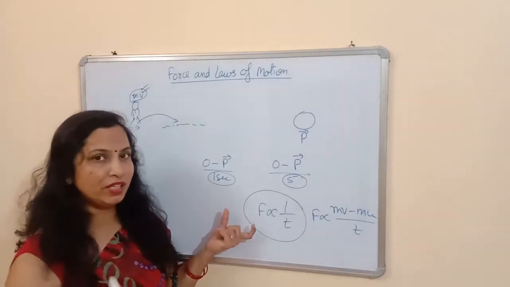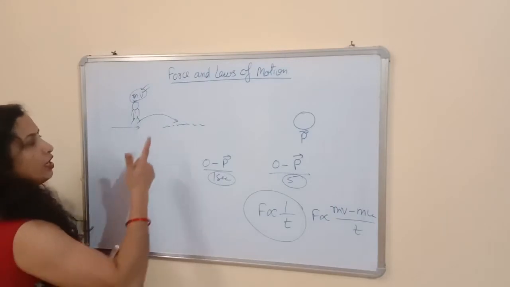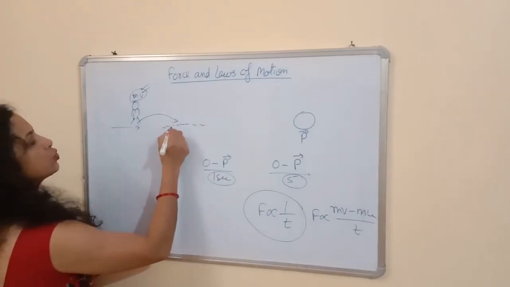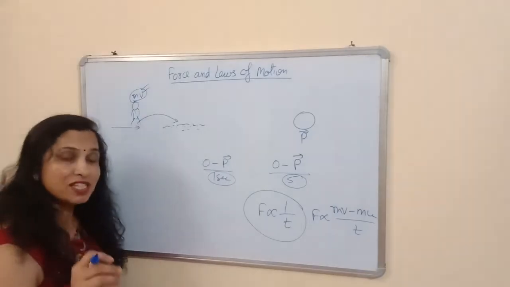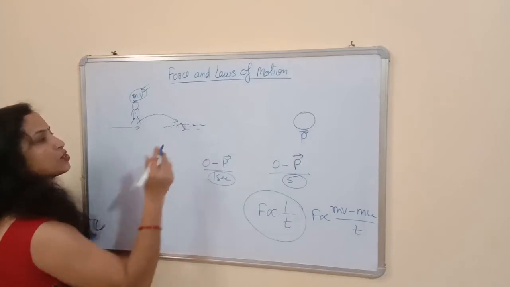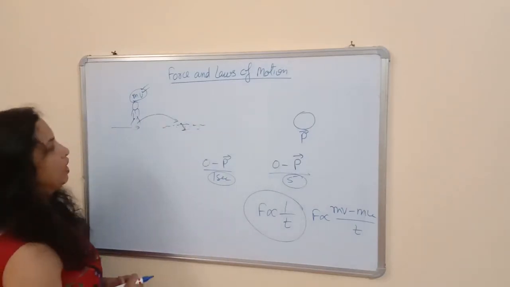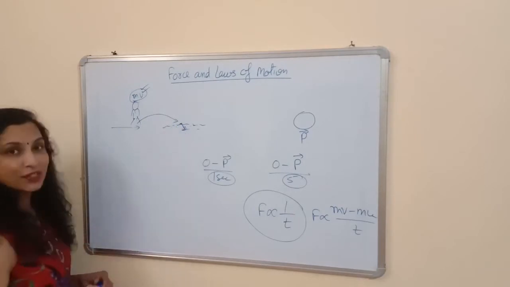Now what will happen if a person jumps on soil? Since this soil is porous, the person will take time to come to rest. He will go in a little, sink in, and then come to a stop. So the time taken to change the momentum to 0 increases.